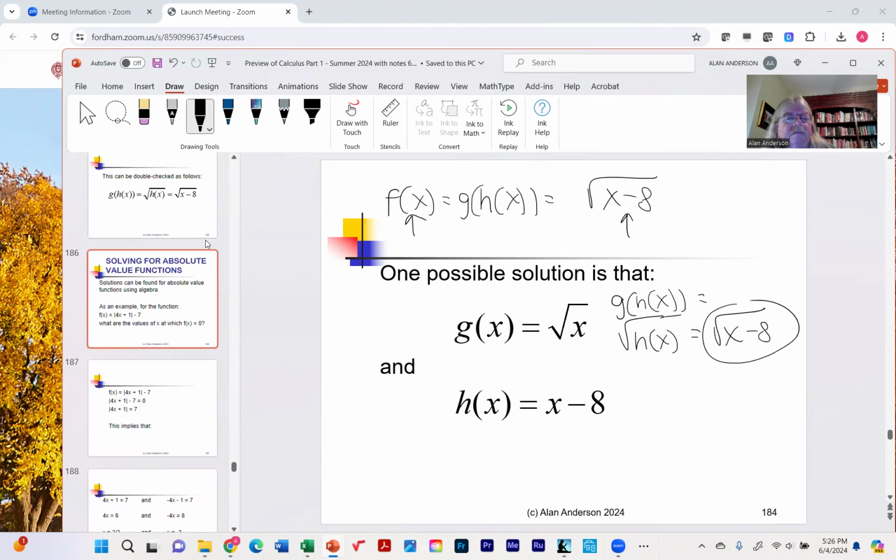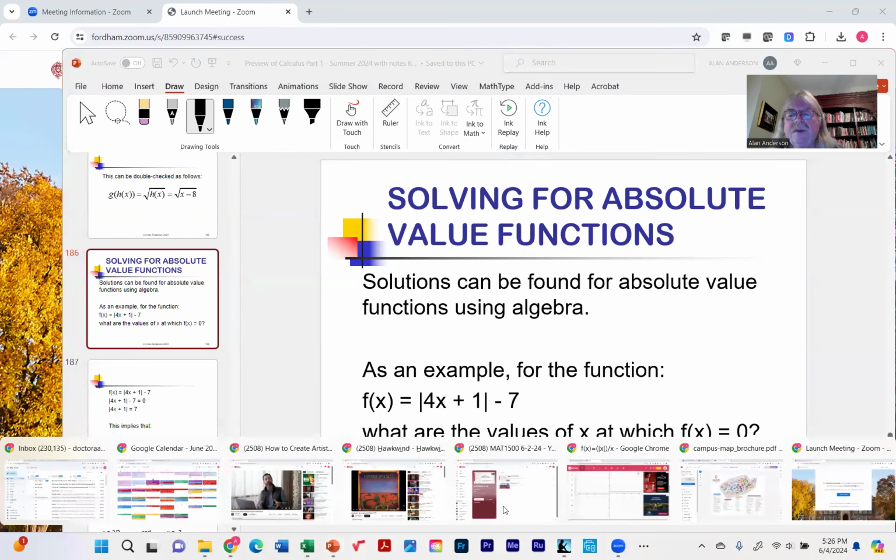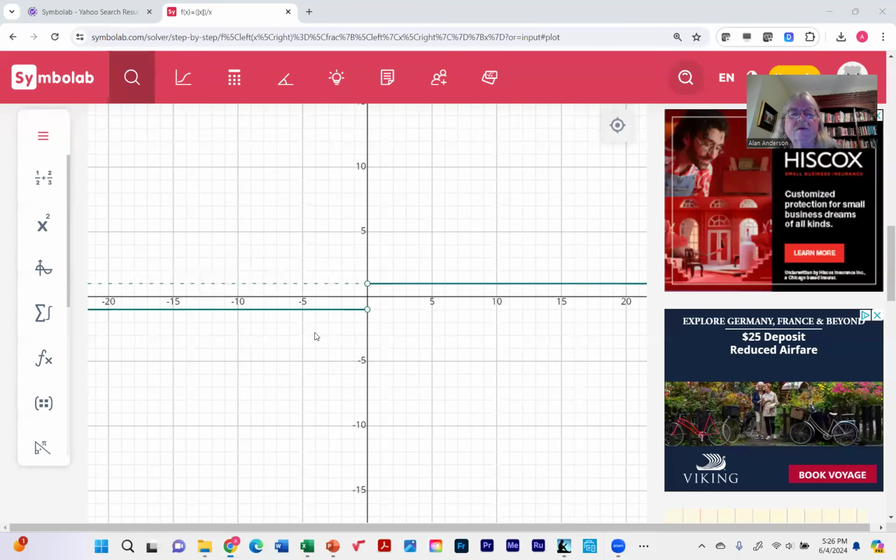All right. Absolute value functions. So we just want to get a little practice with absolute value functions here. Imagine, now here's an absolute value function. Why don't we go look at it in Symbolab? That will give you a better feel for what we're supposed to be doing.